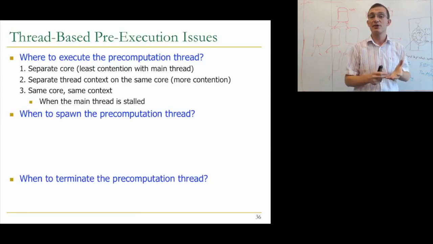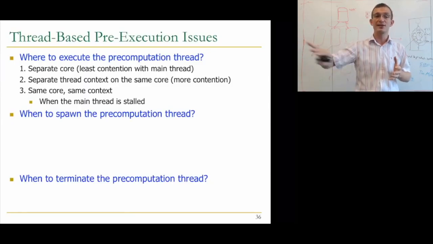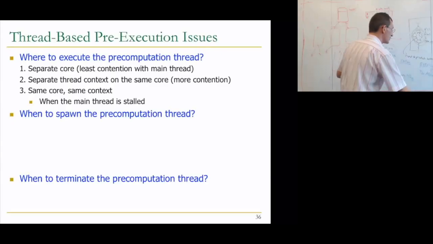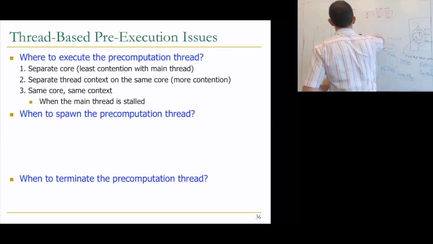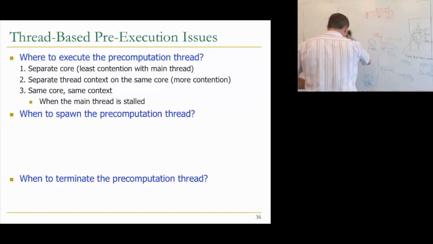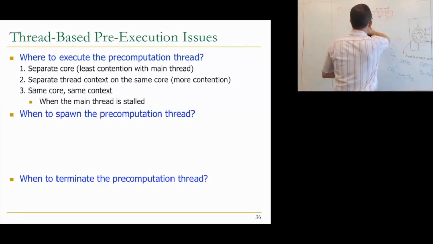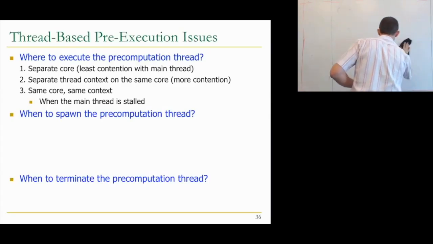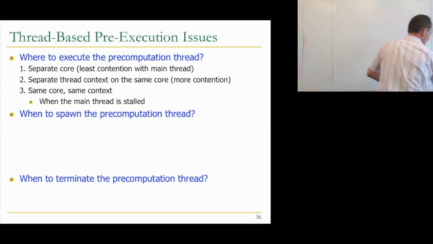You can execute the pre-computation thread on a separate core. This leads to the least contention with the main thread, right? Because the main thread is executing the main program, and the pre-computation thread is executing the pruned version of the program that will hopefully generate cache misses, or that will hopefully generate branch mispredictions.